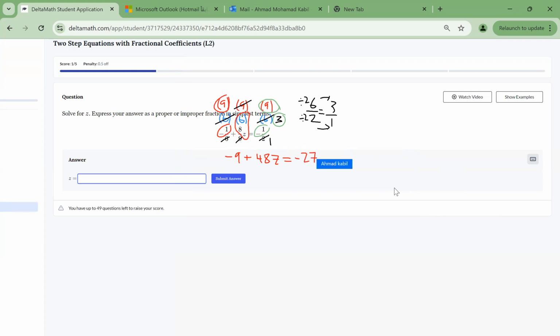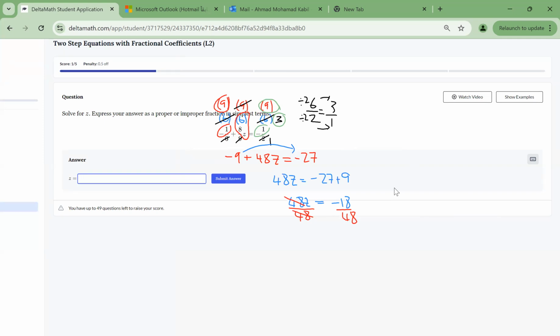We're solving for z, so let's take the negative 9 to the other side. So we have 48z on the left, and we have negative 27 plus 9. So this is negative 18. And we have 48z on the left again. We want z to be alone, so let's just divide by 48 on both sides. So these would cancel out. And we want to simplify negative 18 over 48.